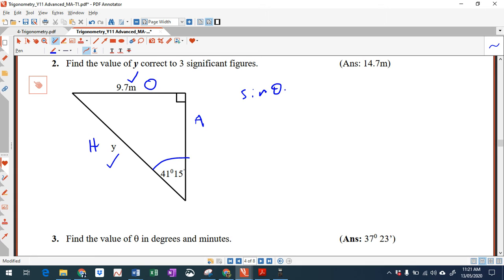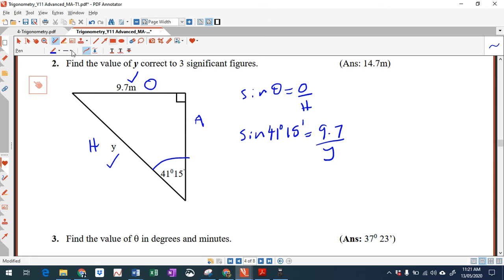Sine theta equals opposite divided by hypotenuse. So that's going to give me sine 41 degrees, 15 minutes equals opposite, 9.7, divided by y.